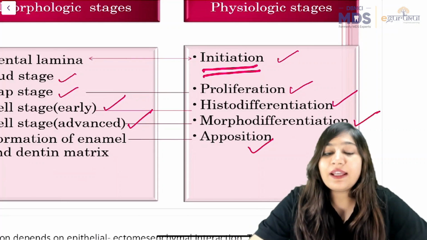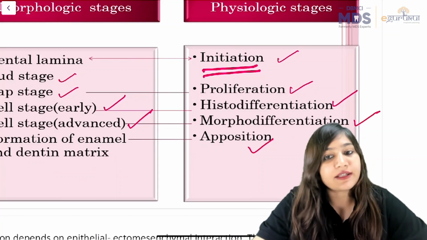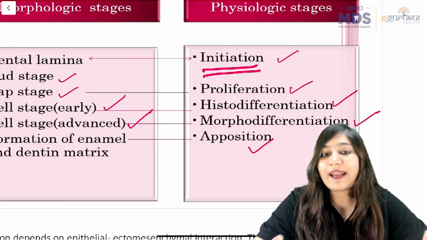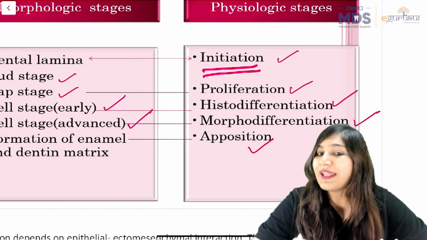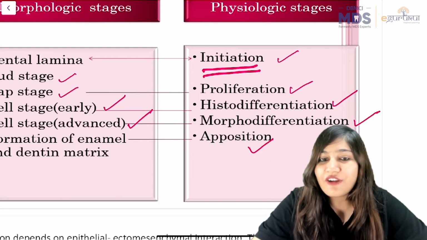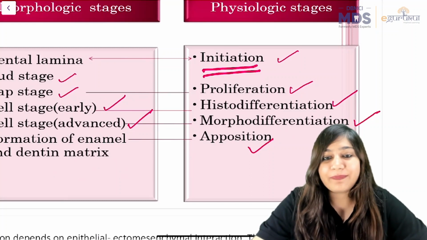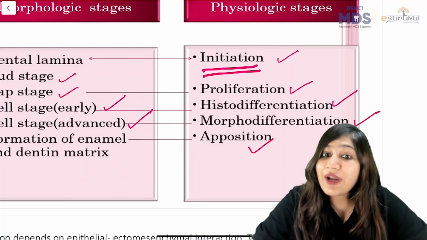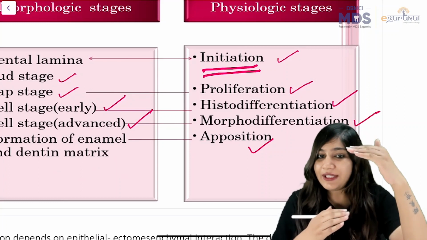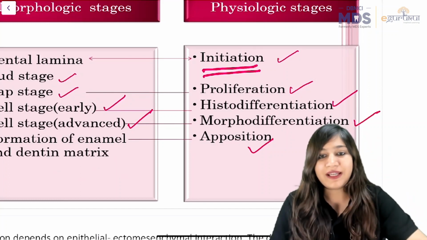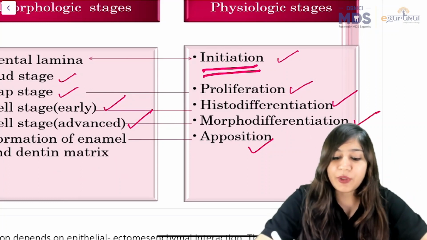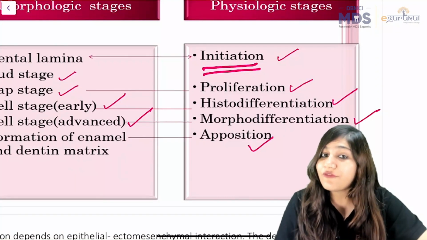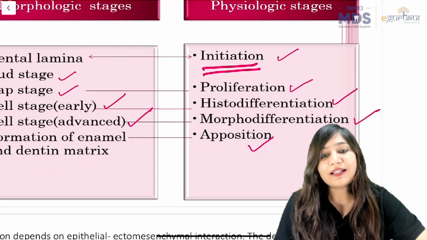So initiation means starting, right? So basically, how does the tooth development start? Without the interaction of epithelial and ectomesenchymal tissue, there will be no formation of dental lamina. So, what is initiation? Initiation is interaction between epithelium and ectomesenchyme, leading to the formation of dental lamina.